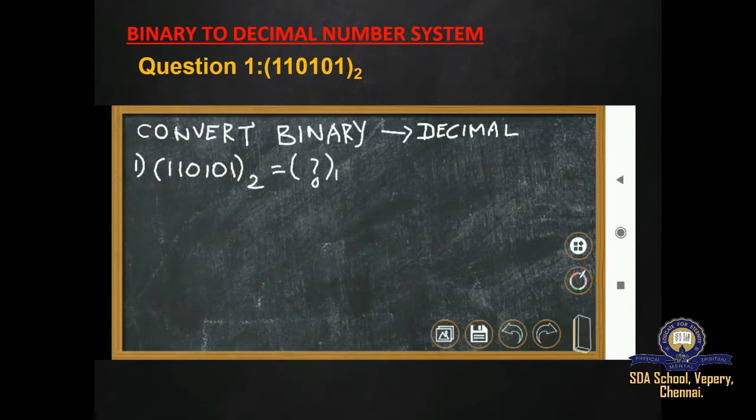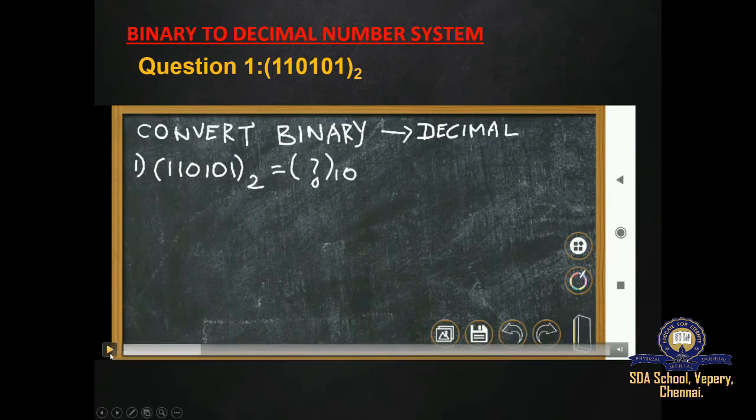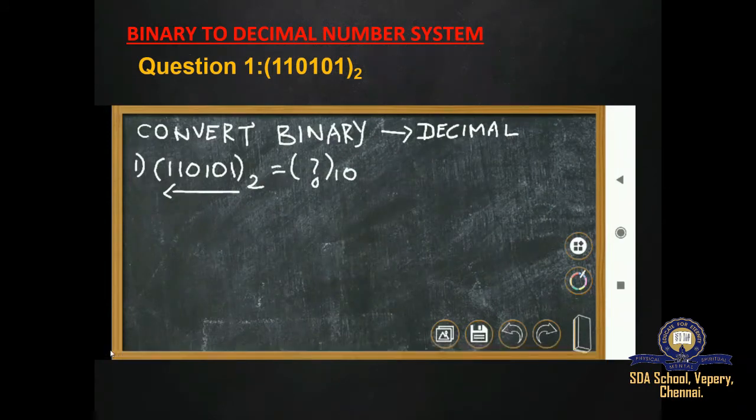So what is our first step? We have to arrange the binary value from right hand side to left hand side. Hope you all know which is the right hand side and the left hand side.